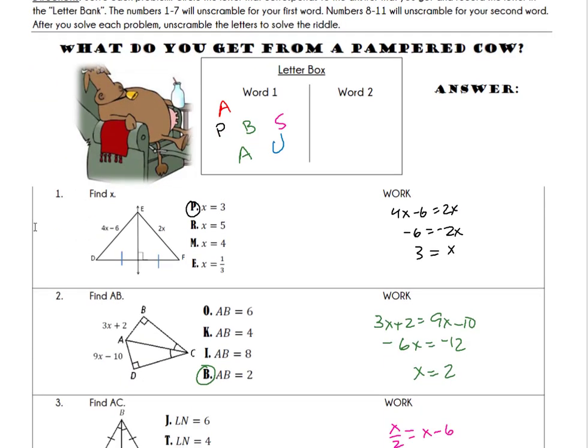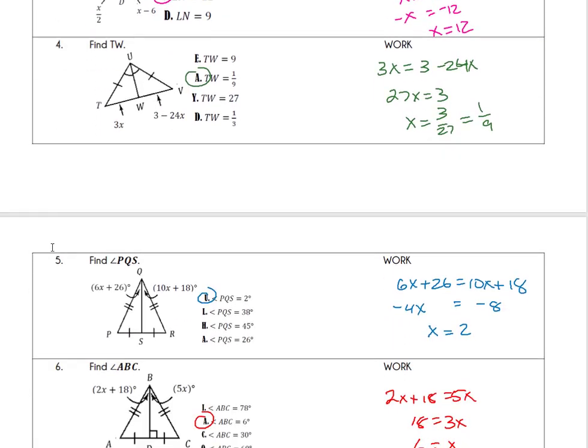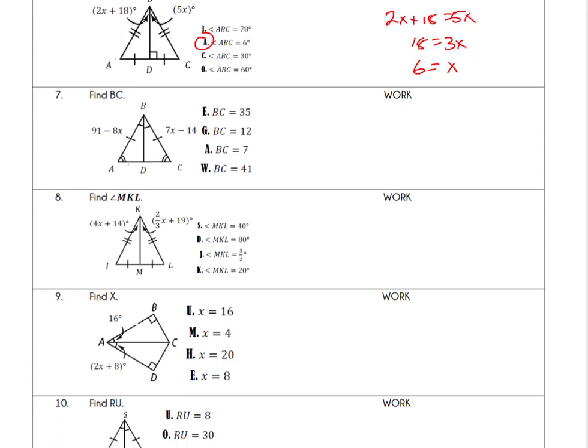And let's do number 7. Okay, so for number 7, these two sides are congruent. We have 91 minus 8x equals 7x minus 14. So take 7x away from both sides.